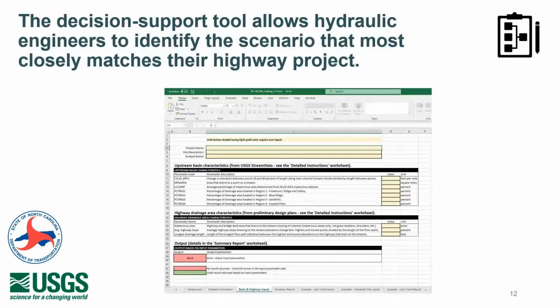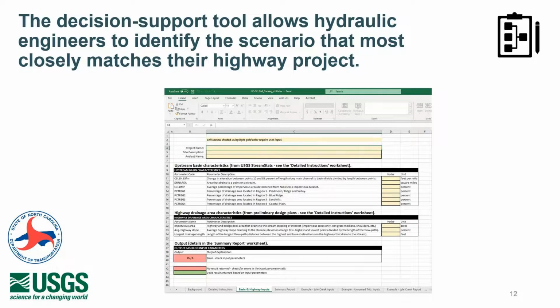So we built what we are calling the decision support tool, or the SELDM catalog, and it allows hydraulic engineers to identify the scenario that most closely matches their highway project, and it returns the anticipated output, which is the preliminary level of stormwater treatment required for a project.